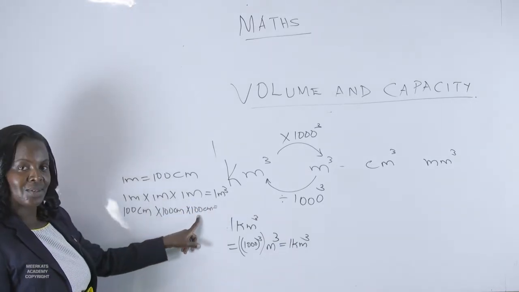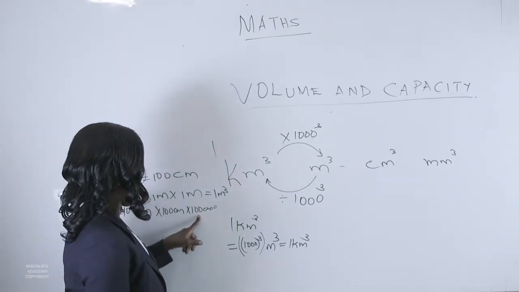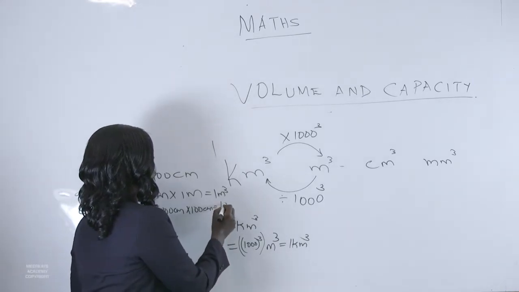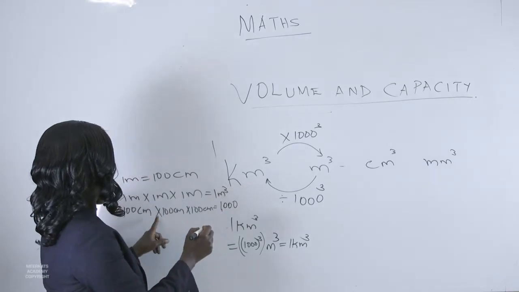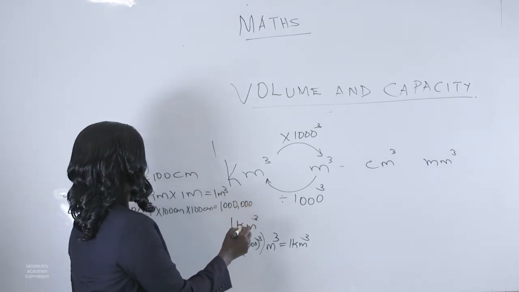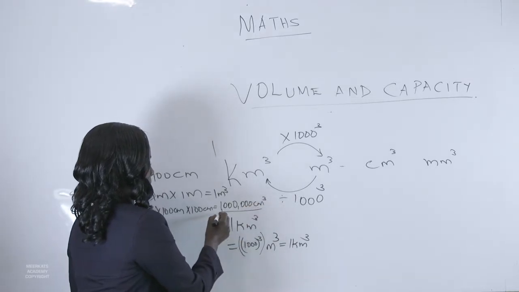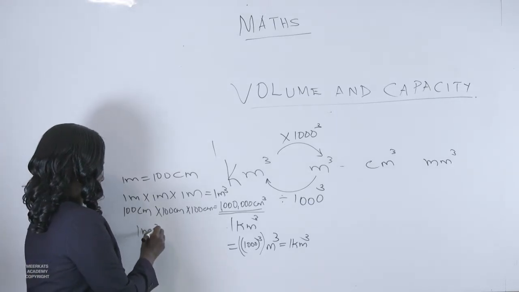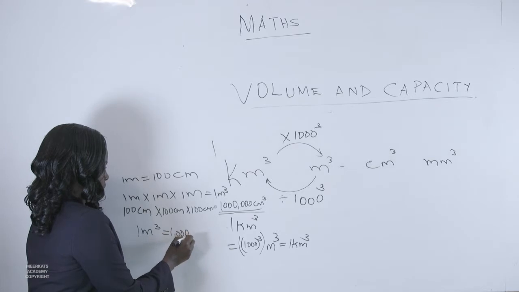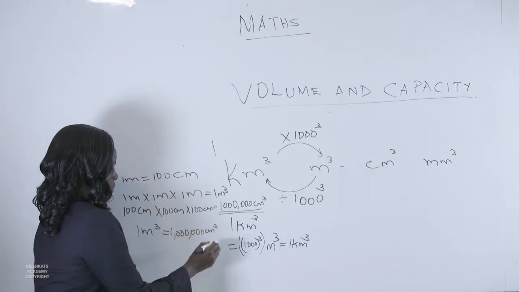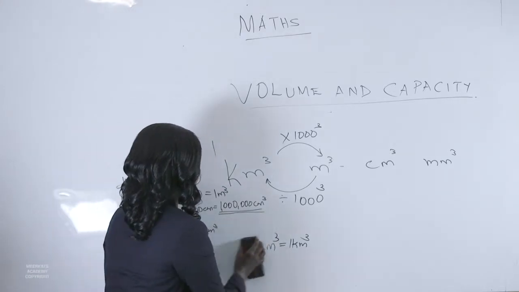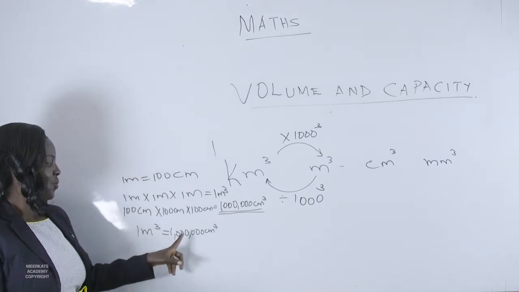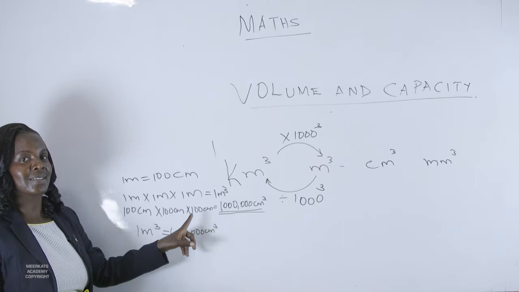So if we multiply this, you realize again that 1 cubic meter is equal to 1 million cubic centimeters.